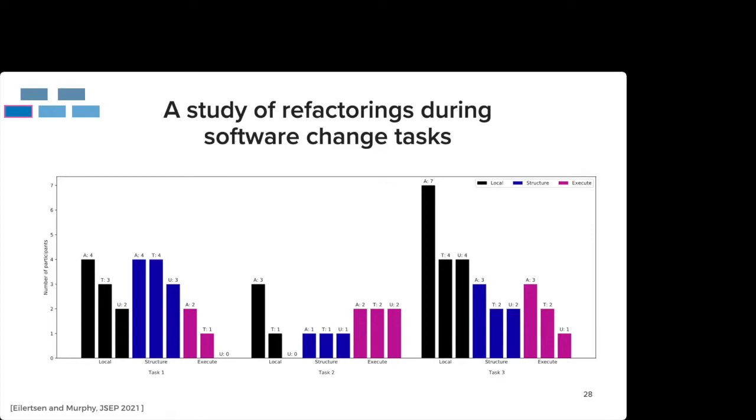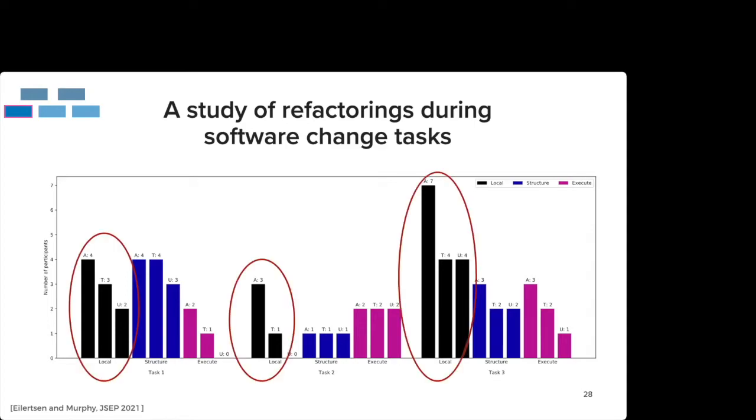The first bar indicates attempts to use a refactoring tool, the second where the tool was tried, and the third how often the tool was used. The highlights on the slide show you this drop-off for the local strategy across all tasks. With 2 exceptions, you see that there is often a drop-off from attempts to tries to uses, reinforcing earlier findings that refactoring tools are underutilized.